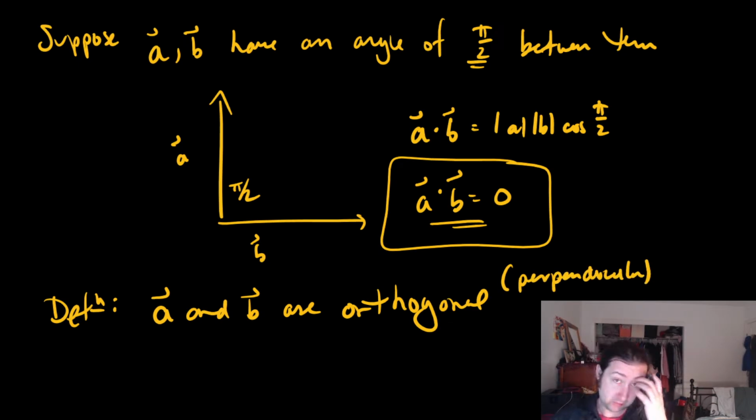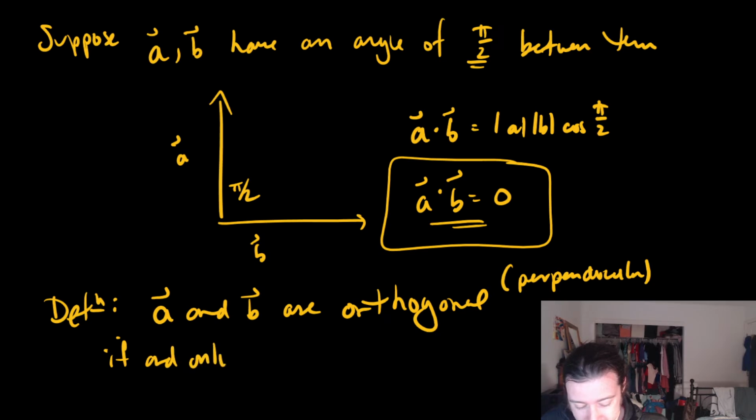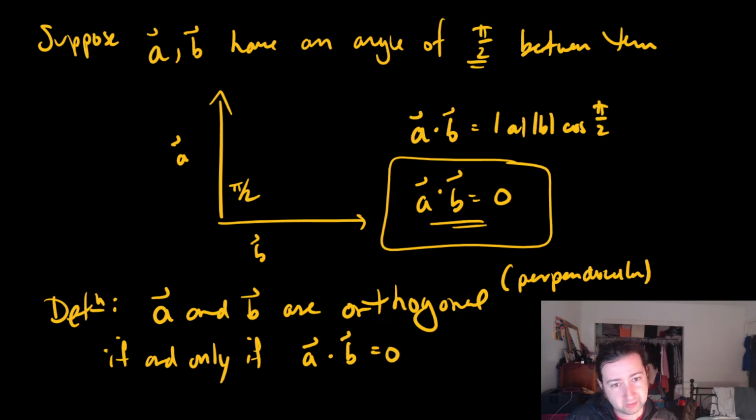I think one of the words has a root in Greek and one has a root in Latin, and we pretend that the concepts are different, but really they're pretty similar. So A and B are orthogonal if and only if A dot B is 0. So the dot product tells us when vectors sit at right angles to each other.